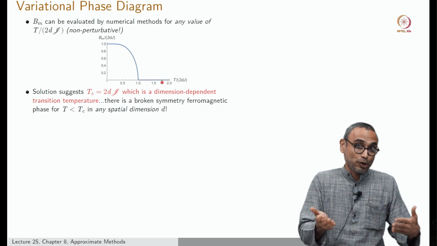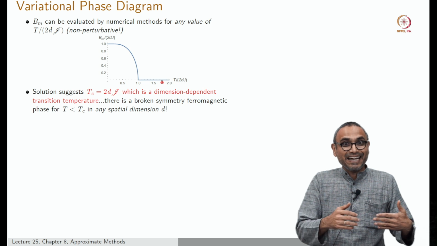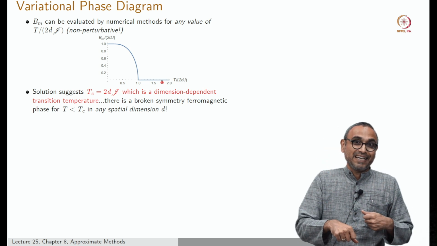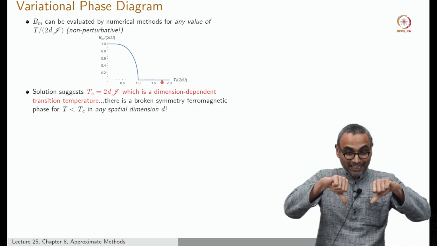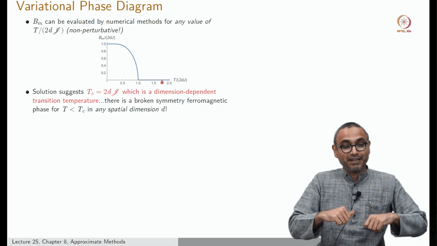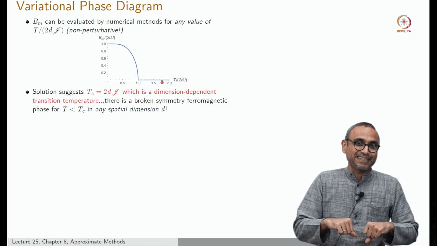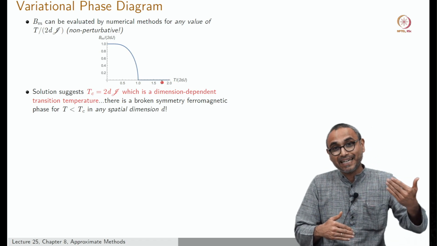So Bm is non-zero. It can be either positive or negative, right? And it breaks symmetry whether you choose it to be positive or negative. And the fact that positive Bm corresponds to positive magnetization and negative Bm corresponds to negative magnetization tells you that the symmetry can be spontaneously broken either on the plus side or minus side.